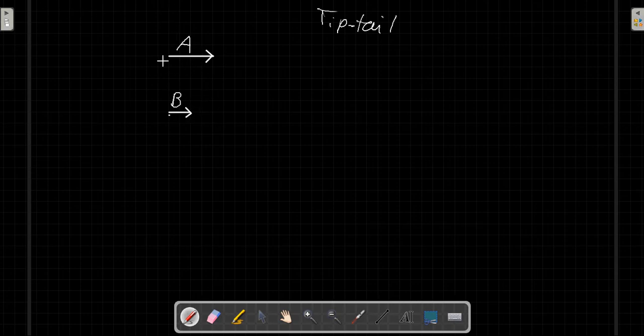You can put B behind A, or you can put B in front of A. I'll put B in front of A, so this will be our vector B. Then you draw a vector going from the tail of one to the tip of the other. So this red vector here is the vector A plus B. We should put in our little vector symbols, because these are in fact vectors. This would be one big arrow across the two of them. So this is our vector A plus B.